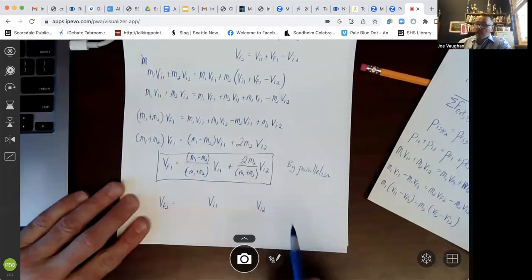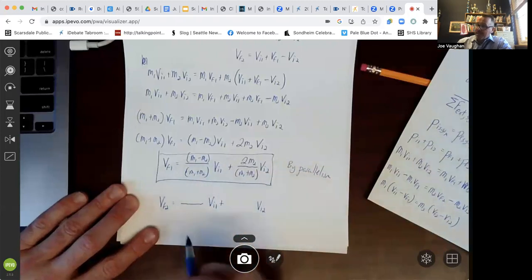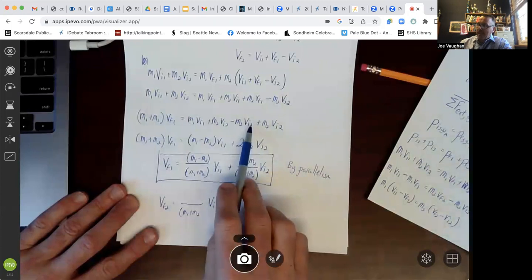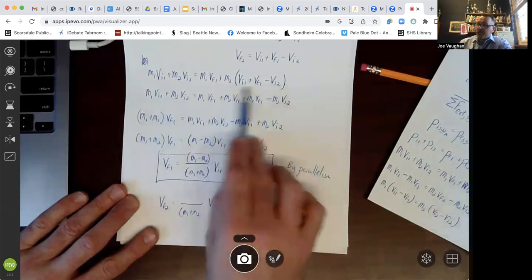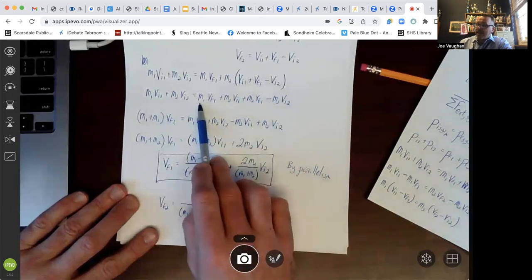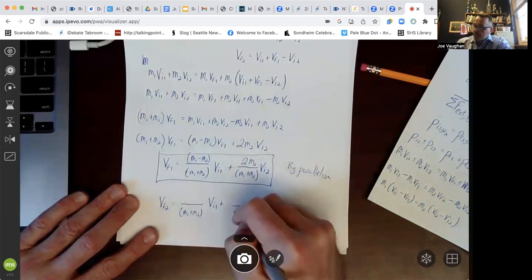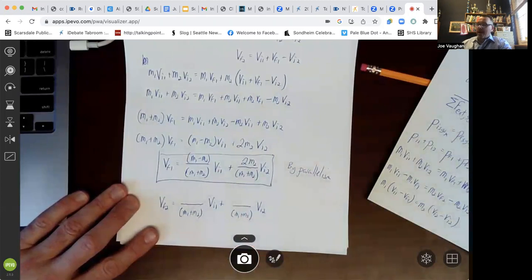And those two terms are going to be weighted by something as well. And this denominator is going to be the same in both, because when we did this distribution, there were two terms related to the VF1. There's going to be the same two terms related to VF2. So it should make sense that those denominators stay the same. But how is this going to change?